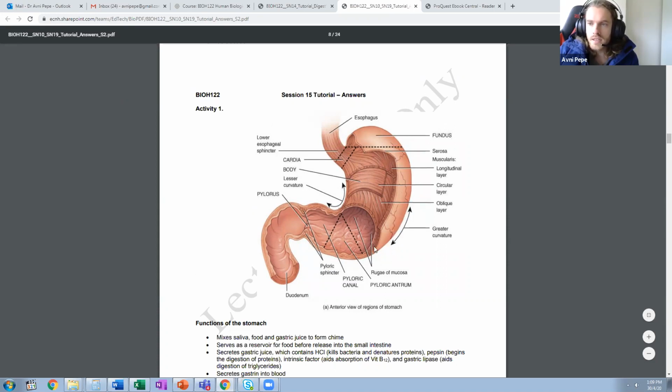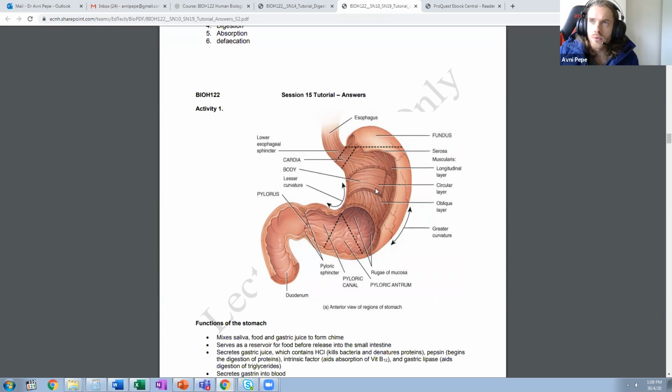And the reason it's acidic is because of the release of hydrochloric acid. The acidity of the stomach is multifold. It will help to prevent bacterial infection, and it will also help to activate pepsinogen. Pepsinogen through hydrochloric acid gets activated, becomes pepsin, and pepsin is an enzyme that will help to break down proteins.